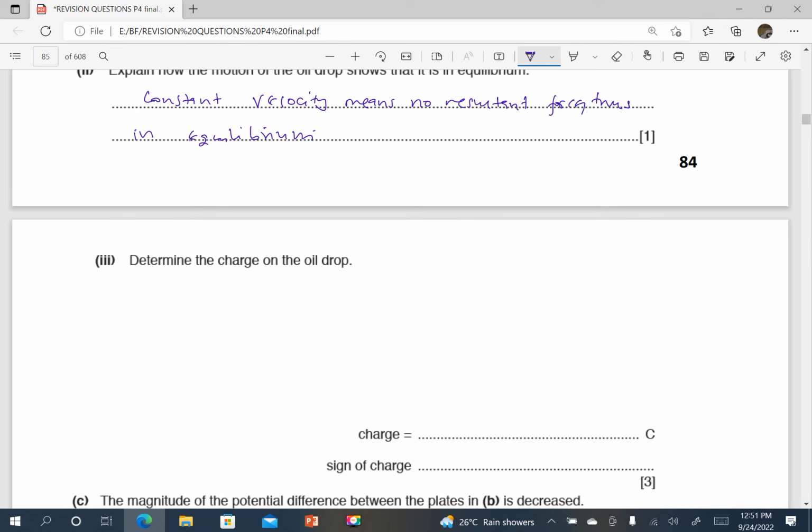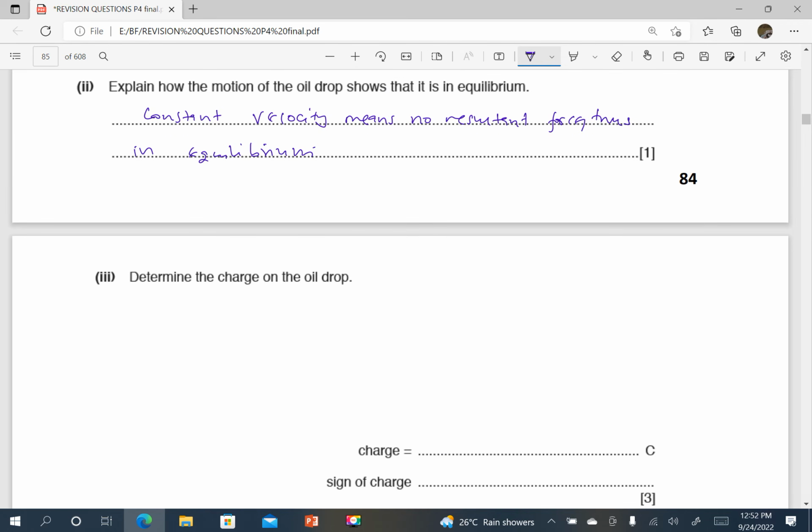Okay, determine the charge on the oil drop. If it is moving at constant speed, there are two forces.